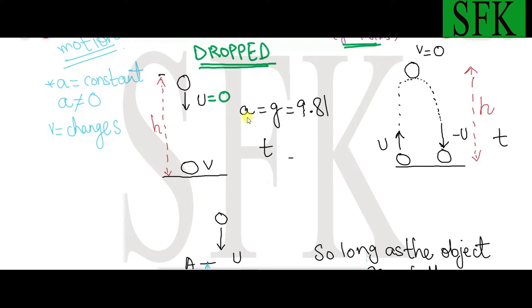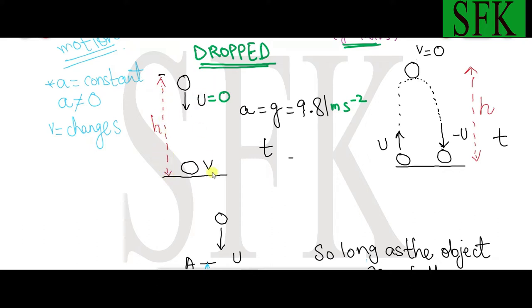acceleration has a value equal to 9.81 meters per second squared, which is the acceleration of free fall of Earth. We can use a stopwatch to measure the time for the ball to reach the Earth's surface, and this height can also be measured.